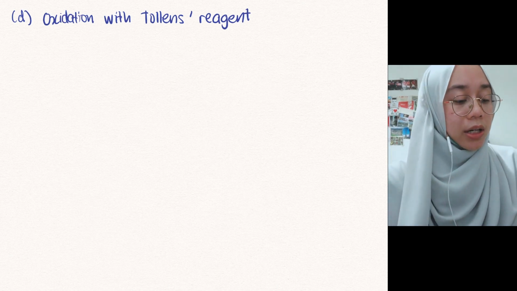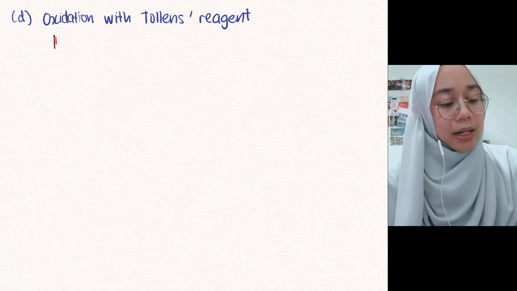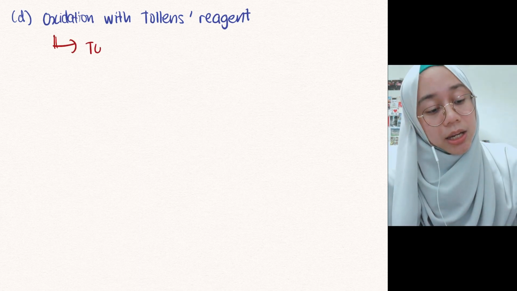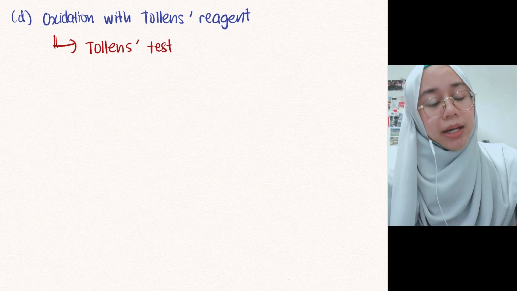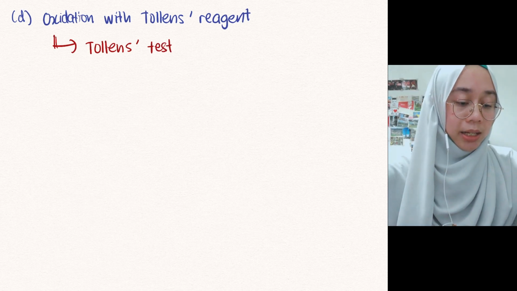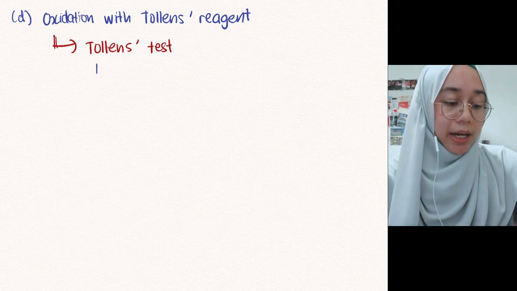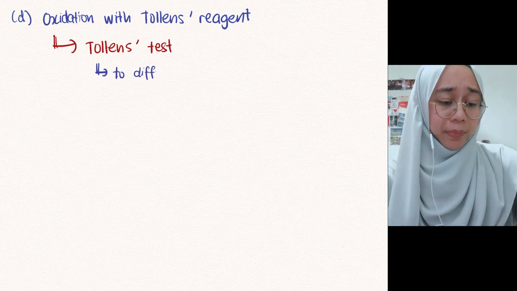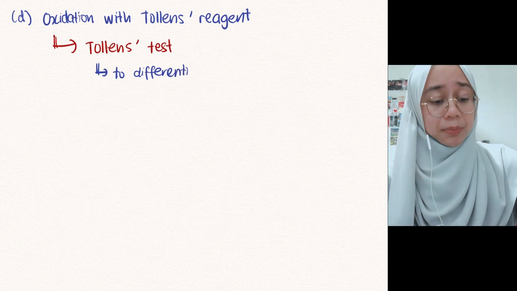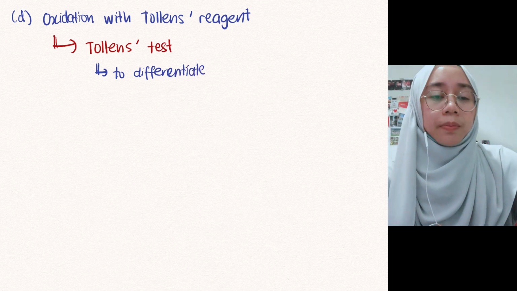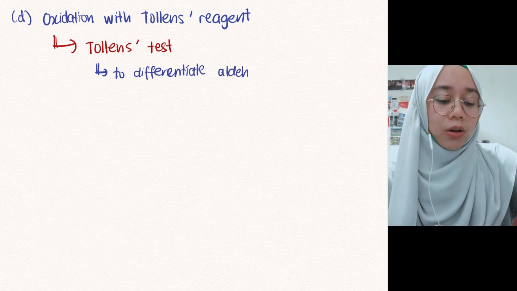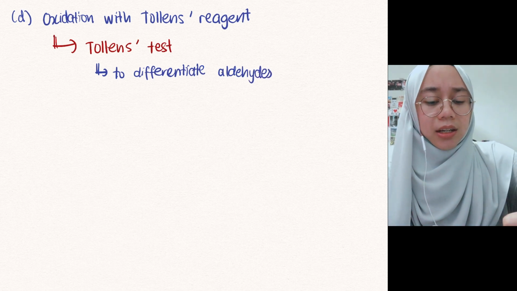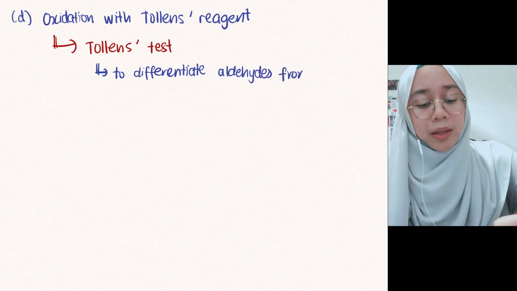Okay, so this one is known sebagai Tollens test. Okay, ini dikenali sebagai Tollens test, whereby apa tujuan Tollens test ni? It is to differentiate. Okay, so purpose dia adalah to differentiate ataupun to distinguish aldehydes from alcohol. Confident je aldehydes from alcohol. Aldehydes from ketones.